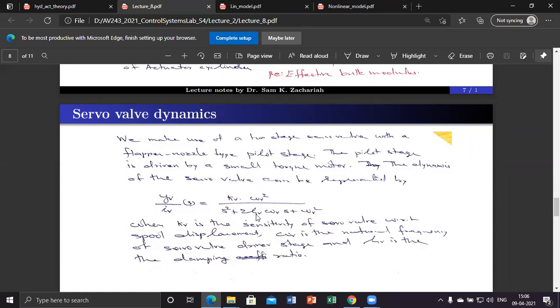That's the range. And theta V will be of the order of 0.5 to 0.7 or even 1, depending on the construction. KV is the scale factor, because we are injecting current and output is displacement. So that unit difference, meter per ampere, will be the unit of KV. Understood?